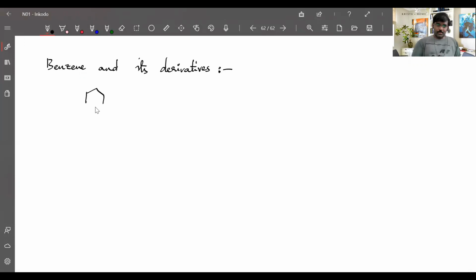There are 6 carbons on it, and all the 6 carbons are attached with one hydrogen. So we are just replacing those hydrogens with different groups or different atoms, and those are called benzene derivatives.